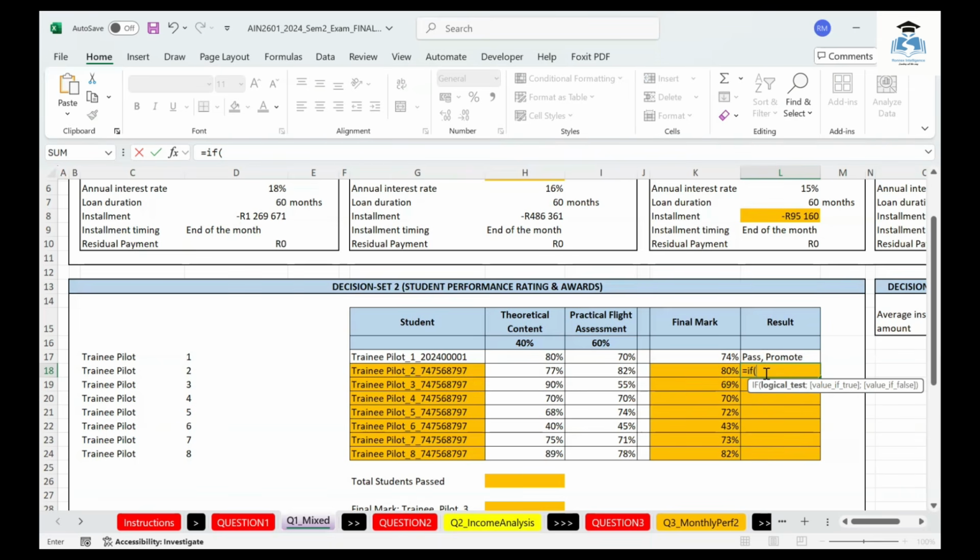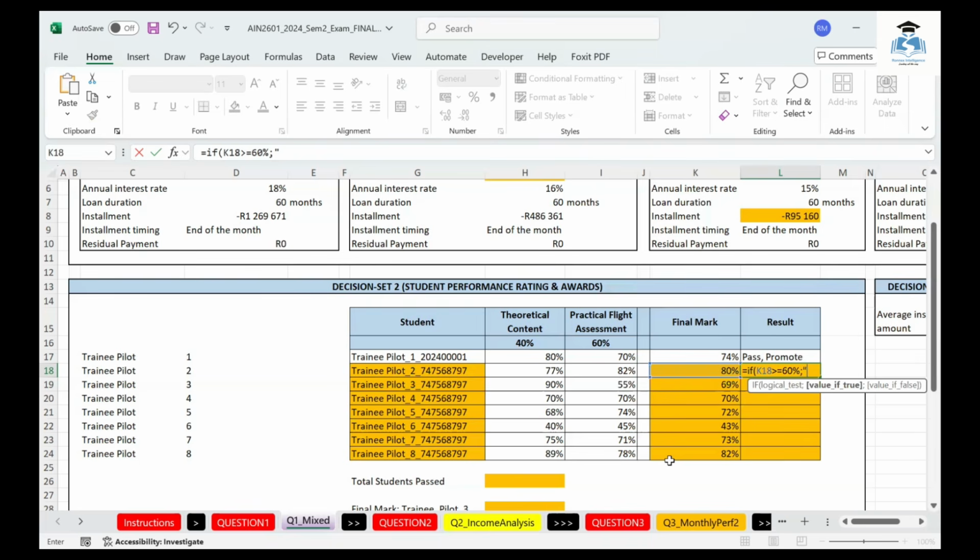The final mark here, K18, is greater than or equal to 60%. Then what is the value that I want?